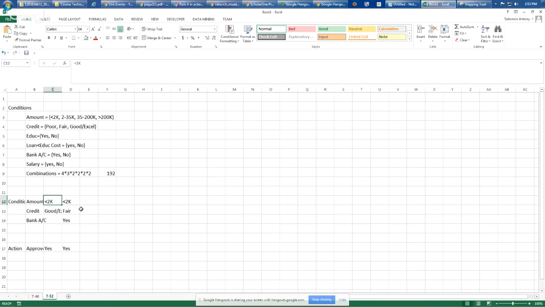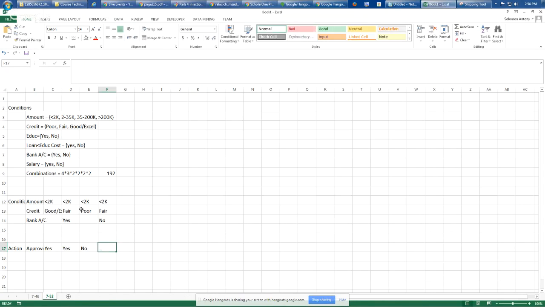Okay, if the amount is less than 2K and if the credit is poor, then approve is no. And similarly, if the amount is less than 2K and your credit rating is fair and he has no bank account, then approve is no.